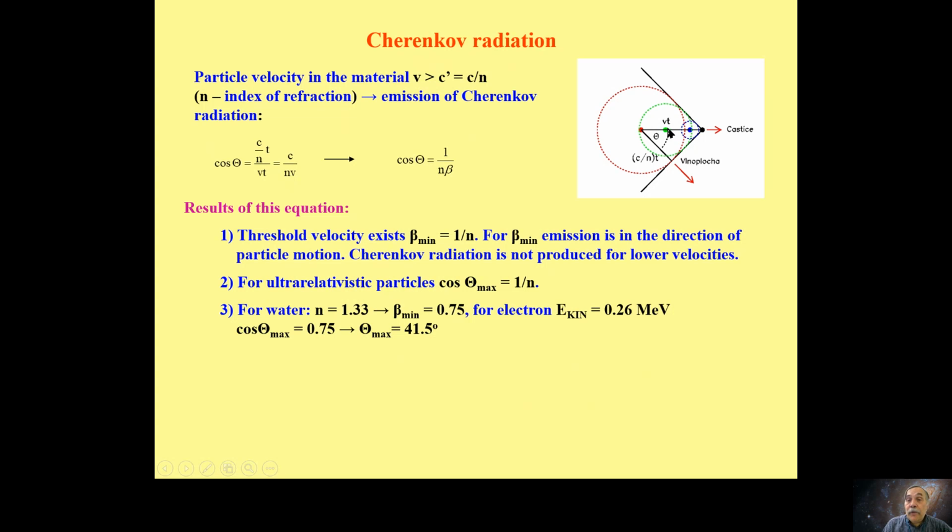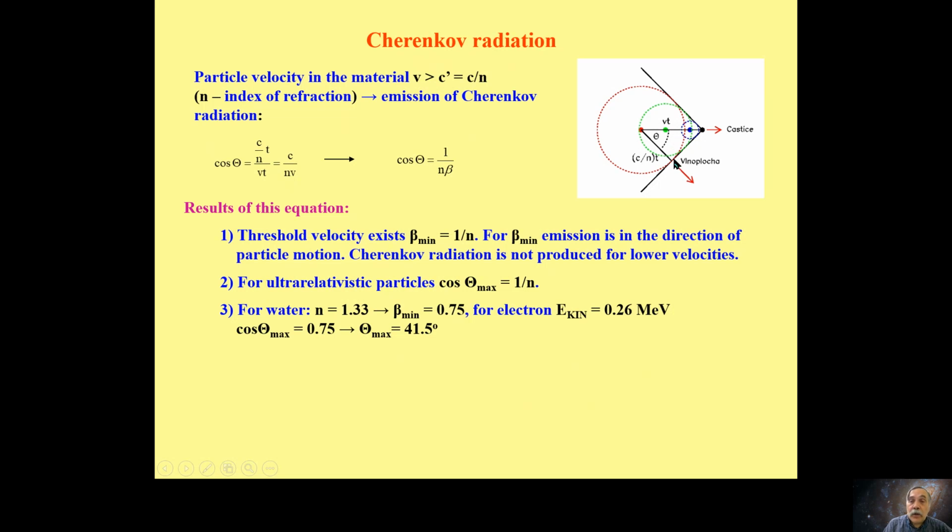If it is emitted from here, it will be here, and so on for the other points. And you have interference of these waves, and you will obtain a wave plane which is moving in this direction, at this angle against the movement of the particle.